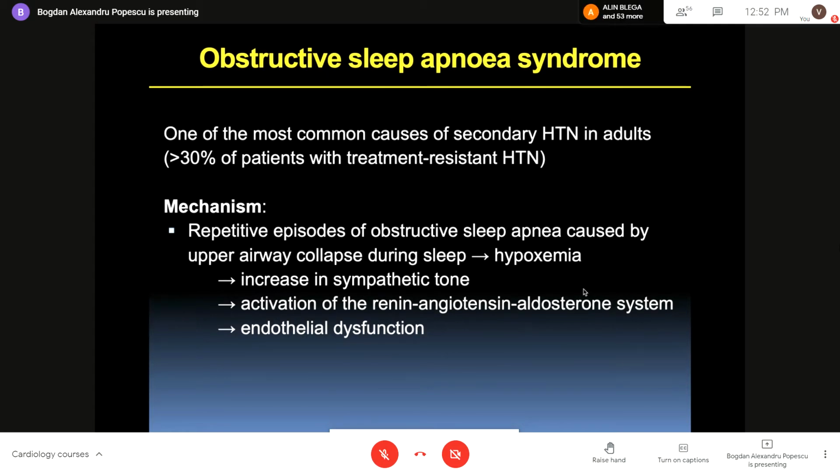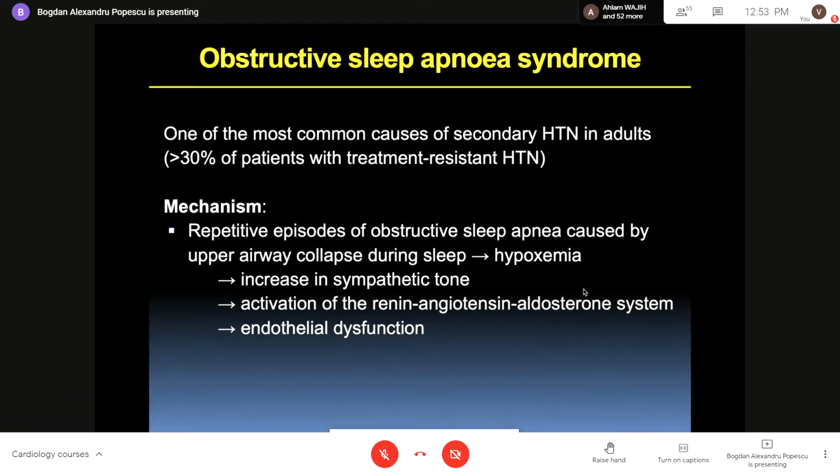Another important one, and not very rare, in fact it becomes quite common, sleep apnea. So this is one of the most common causes of secondary hypertension in adults.